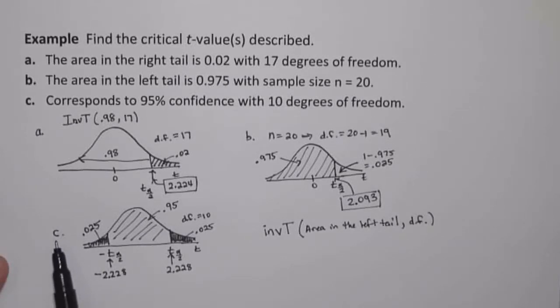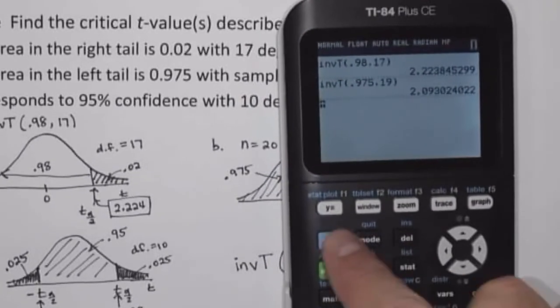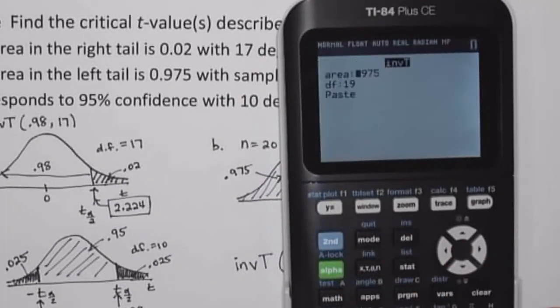Likewise for C, in this case we have two different critical values. I can find either one of them. The simplest one would be to find this one here. So my area in the left tail is 0.025, and we had 10 degrees of freedom. So again, inverse t, 0.025, and we have 10 degrees of freedom.